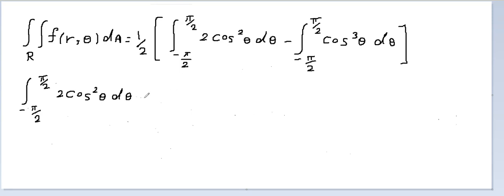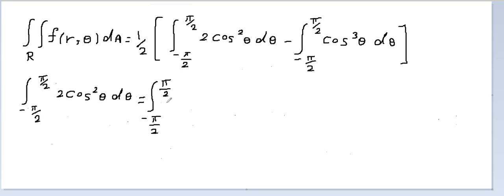The integral of 2 cosine squared theta d theta, from minus pi over 2 to pi over 2: we are going to apply a formula for trigonometric functions.